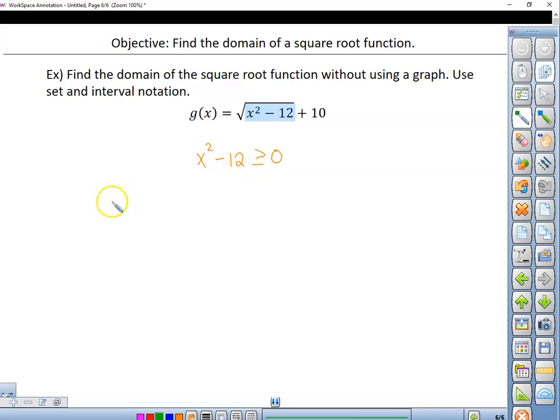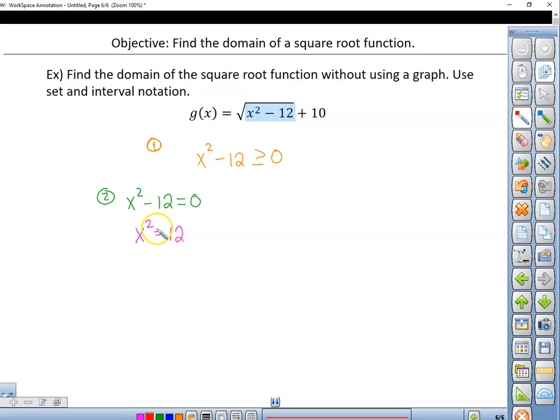What we are going to do is, once we understand what needs to be non-negative, figure out the x values that make x squared minus 12 exactly equal to 0. We're going to solve this. And this we can use our basic undoing algebra on. So I would undo my subtraction first, giving me x squared equals 12. And then I would undo the exponent of 2, taking the square root of both sides.